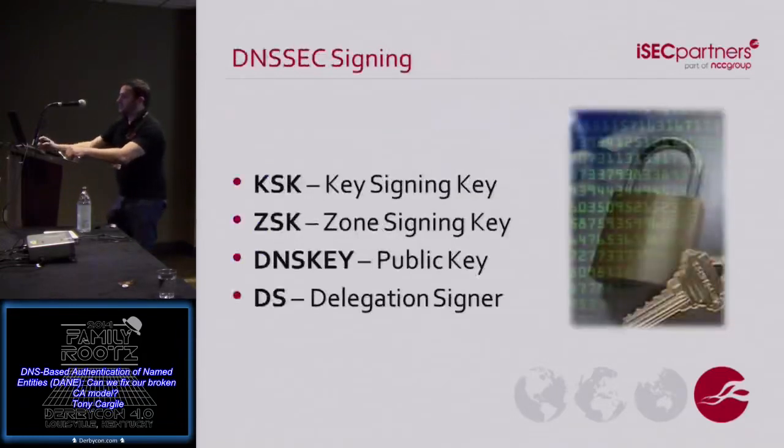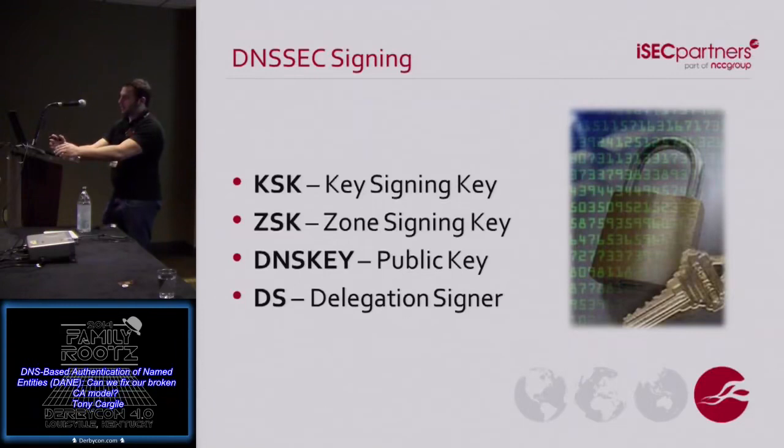But how does it do the signing? Because that's where all the security is in this protocol. You have a few things here: your key signing key, your zone signing key, your DNSKEY, which is your public key, and then your delegation server. To protect your domain, you're going to create two public-private key pairs, the key signing key and the zone signing key.